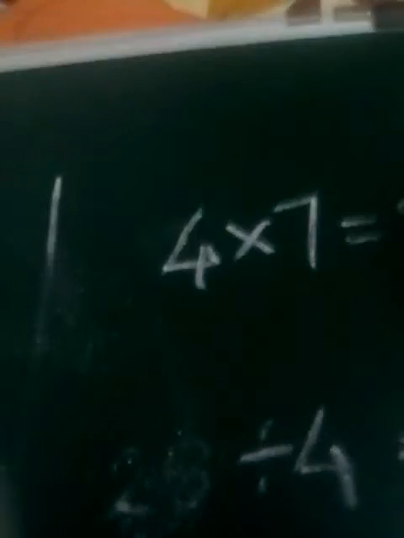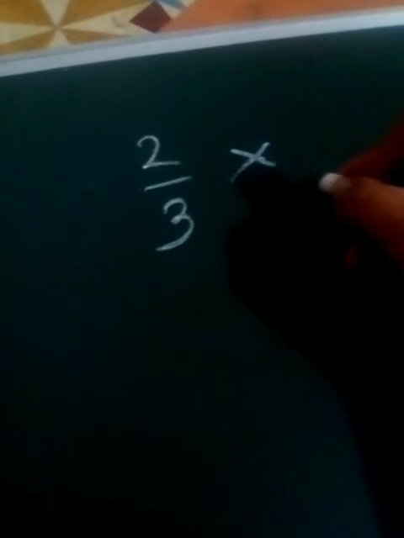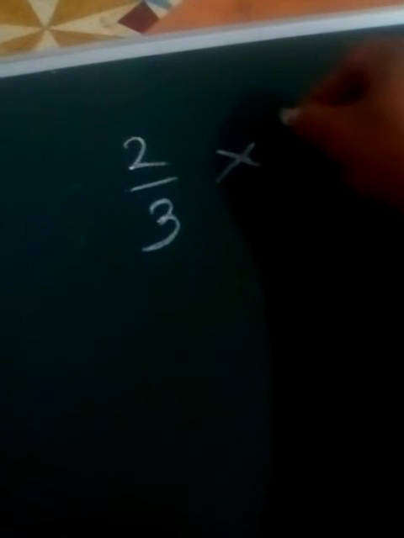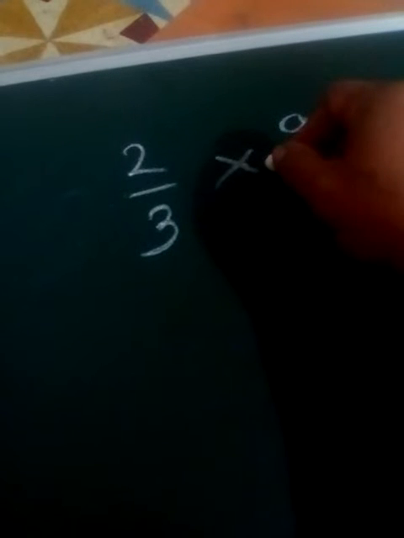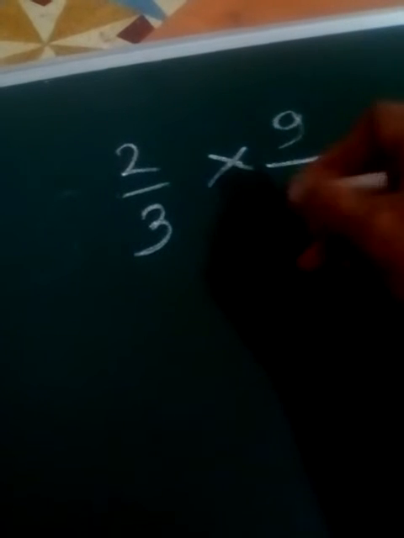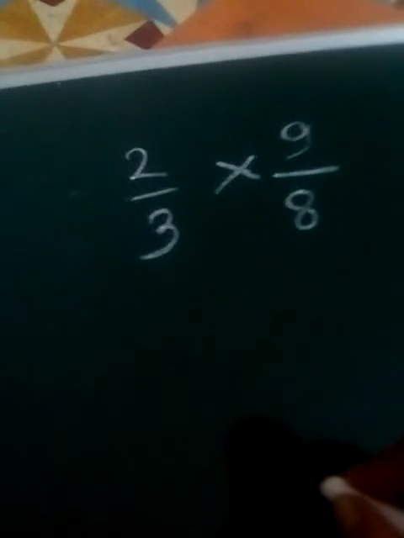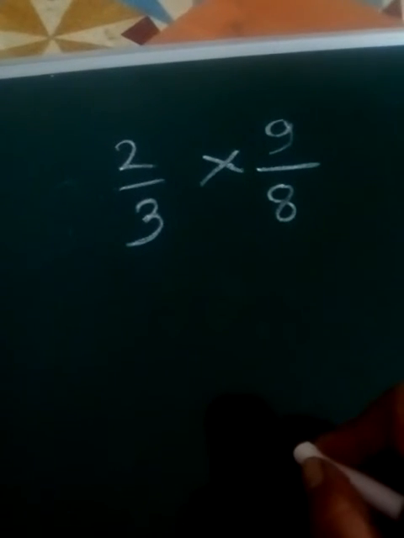So now let us go to other fractions. Say 2 by 3 multiplied by 9 by 8. So how to do this?